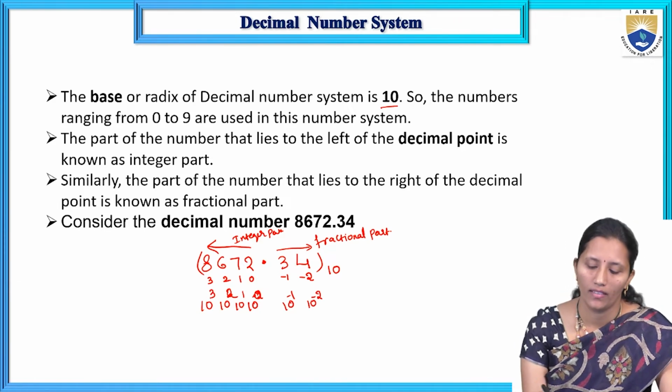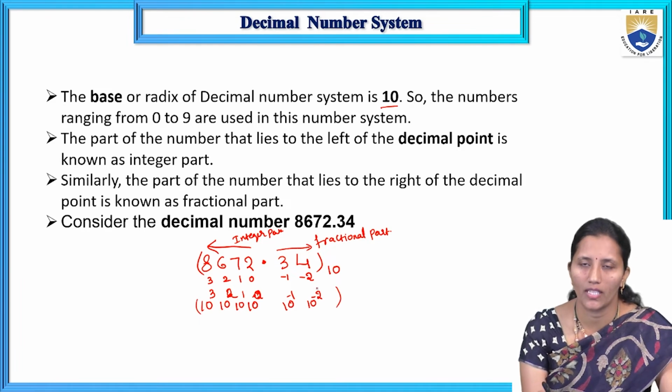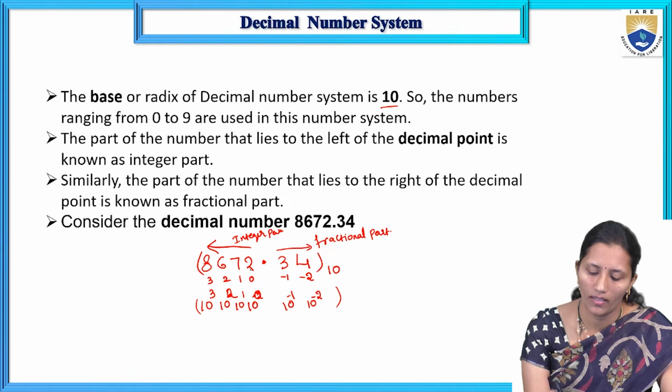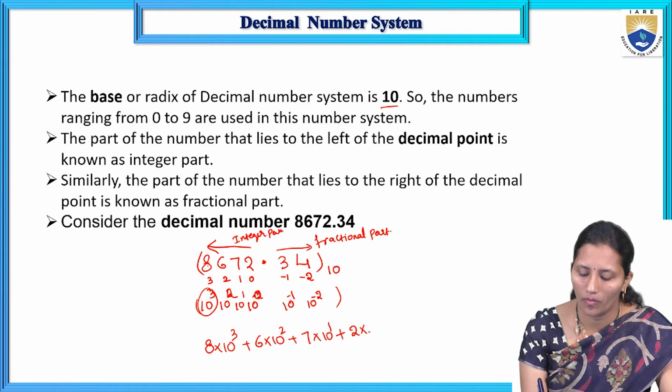Okay. Here, if we find the weighted value of this decimal number, I can write 8 into 10 to the power of 3, plus 6 into 10 to the power of 2, plus 7 into 10 to the power of 1, plus 2 into 10 to the power of 0, plus 3 into 10 to the power of minus 1, plus 4 into 10 to the power of minus 2.